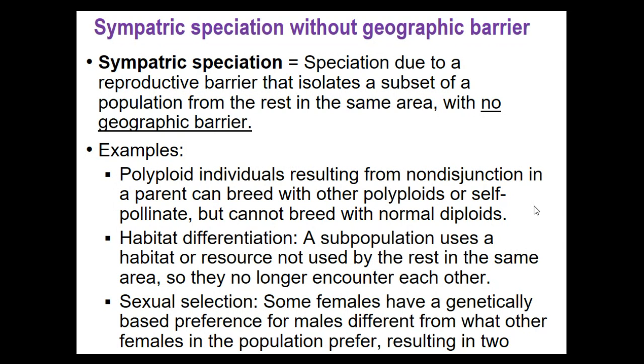Again, we know that in deer, the females like big antlers. They're more attracted to the males with the large antlers, and so they're more likely to choose males with large antlers.